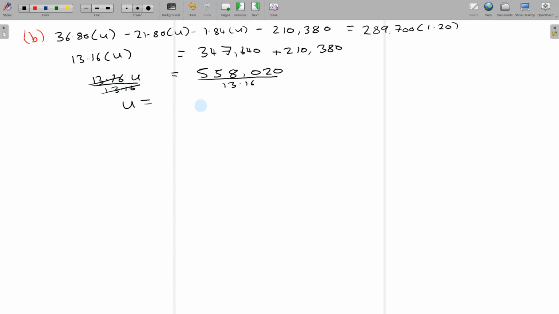That cancels out to give you U, and you're left with 42,403 units. So that wasn't too bad. Whenever we just need to find the units and the selling price doesn't change, we can use contribution. If we do change the selling price, we must segregate variable costs and sales commission.